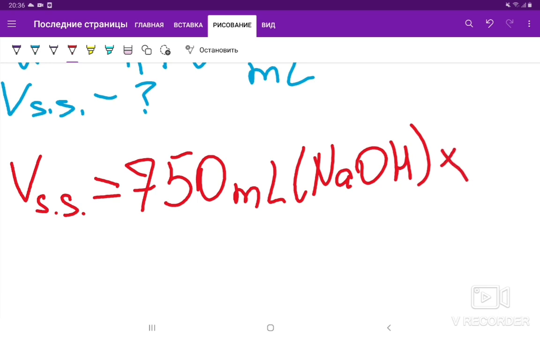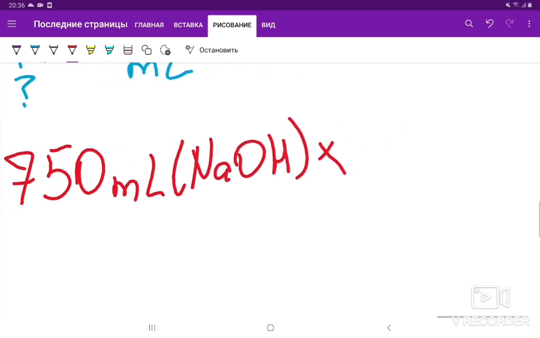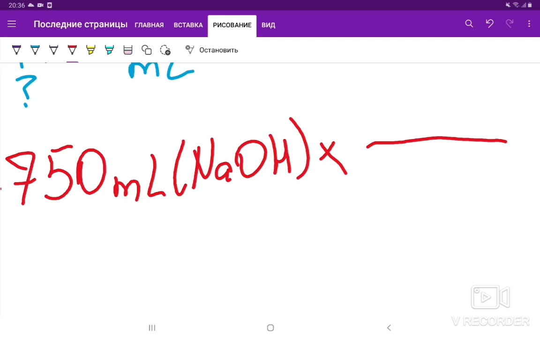We multiply it. Now, what can we multiply it by? By such a number which has milliliters of volume in the denominator, so that milliliters could be cancelled.